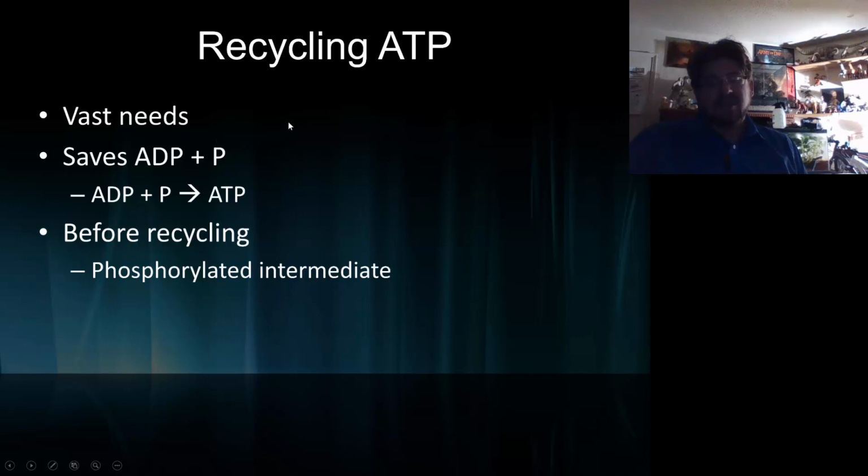So that thing doing the work that gets the phosphate between the ATP into ADP plus P and the ADP plus P into ATP is called the phosphorylated intermediate. Phosphorylated intermediate is what's doing the work, and it's obviously getting the phosphate.